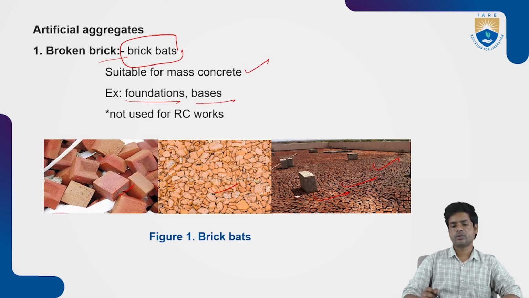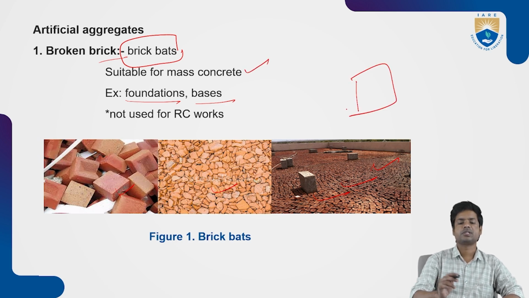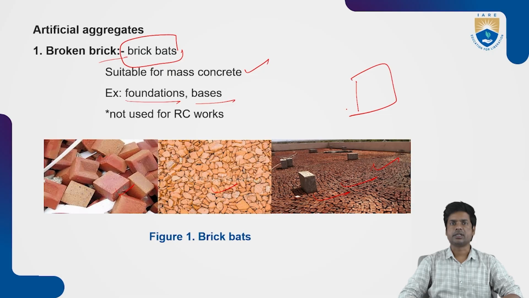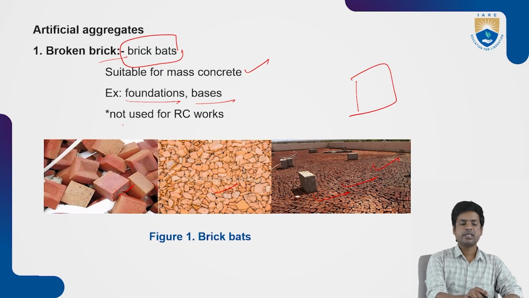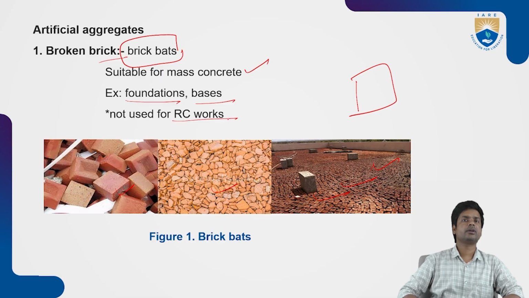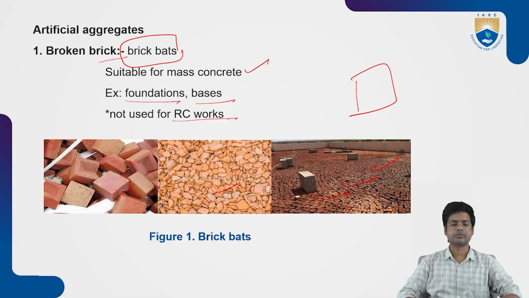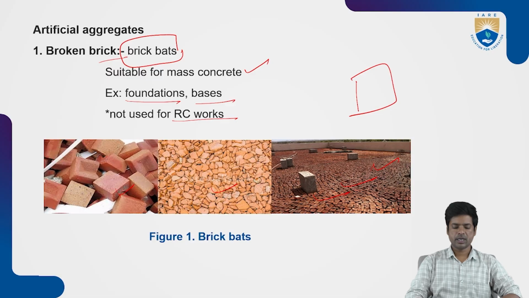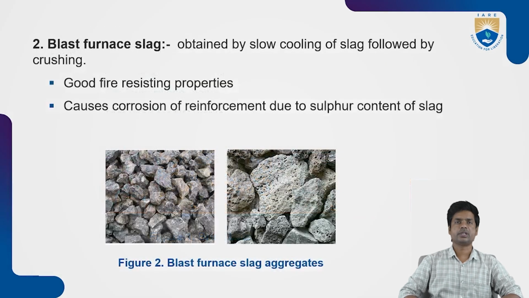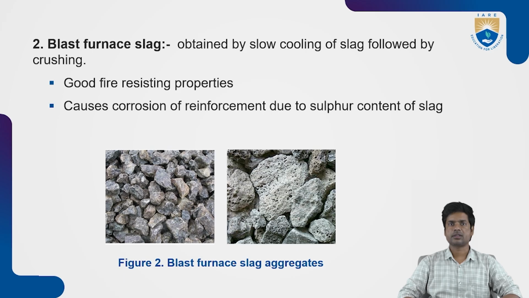Whenever you cast huge components with concrete, we can use these brick bats as a filler material. These are not used for RC works. For reinforced cement concrete works, we do not use brick bats because they do not give good results in terms of strength and in terms of placing.